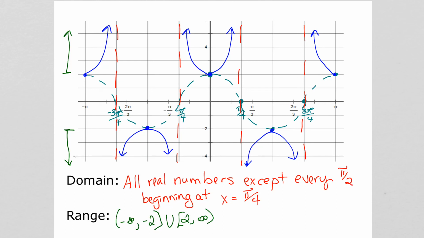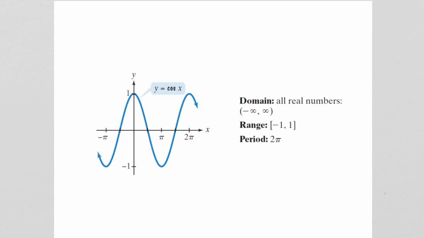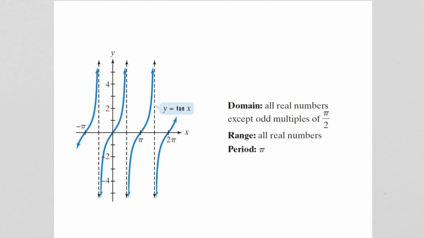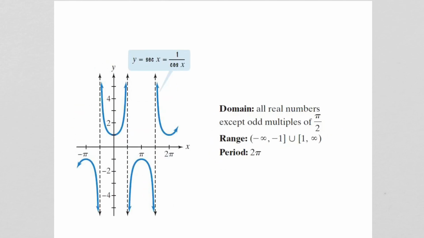And so that finishes up our examples. I think the rest of these slides are just looking at the 6 different curves. There's sine, cosine, tangent, cotangent, cosecant, and secant. Okay.